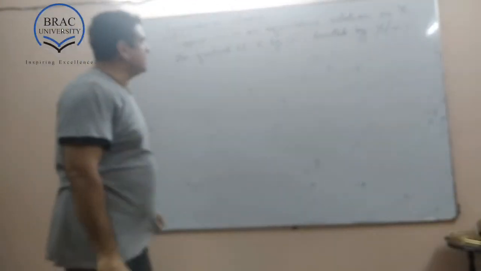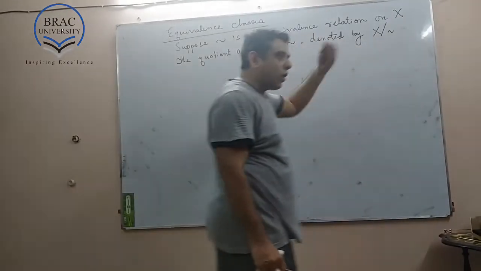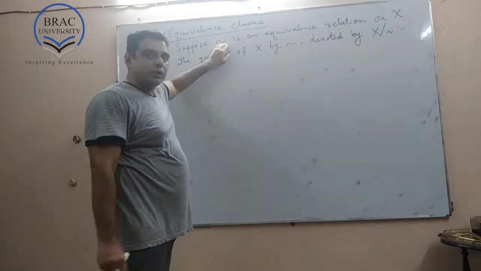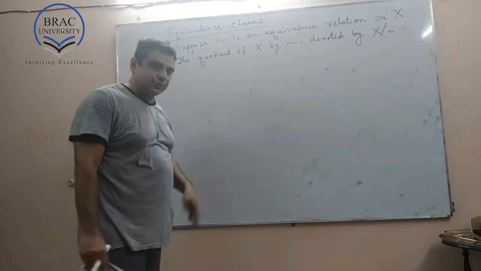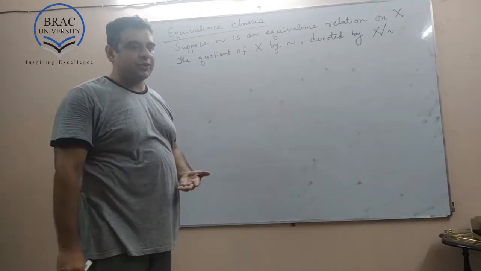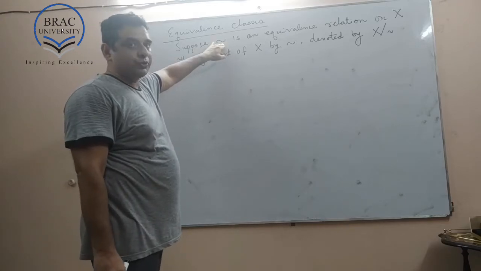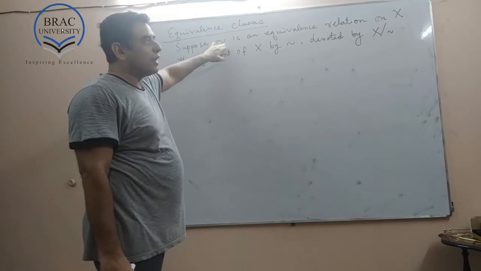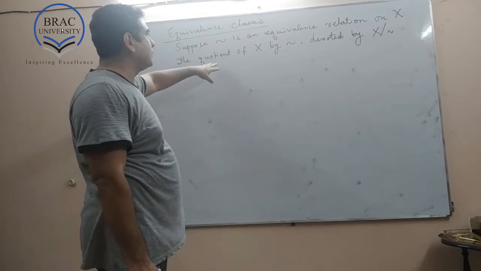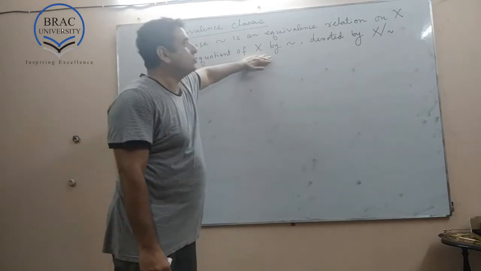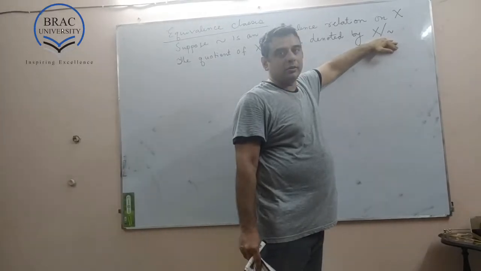So X was initially a set. X is the set that we started with. And then on X we find an equivalence relation given by this twiddle. And we know what it means by an equivalence relation. It needs to satisfy certain properties called reflexivity, symmetry, and transitivity. So suppose that this twiddle satisfies all those three properties, so that this twiddle is an equivalence relation on X. Then we are going to understand the concept of this quotient of X, which we denote by X slash twiddle.